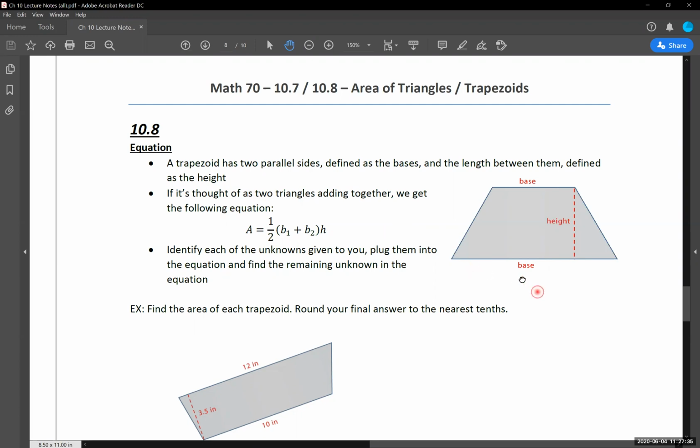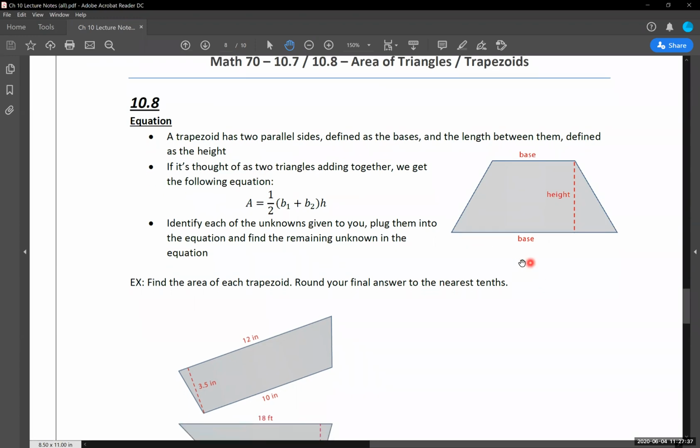With trapezoids specifically, there's not really a whole lot I can test you guys on that doesn't just give you 3 of these 4 unknowns. So my recommendation, again, is that I think these become really straightforward when we make visuals of them. Identify the 2 bases, identify the height, and then just plug it into the equation and solve from there. There's not really a whole lot of extra stuff that goes into it beyond that point.